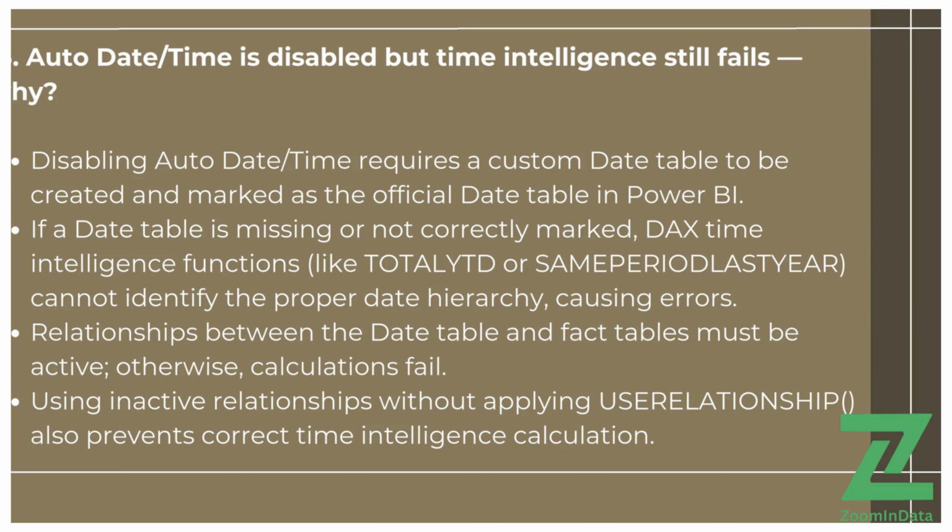Relationships between the date table and fact tables must be active. Otherwise, calculations fail. Using inactive relationships without applying USERELATIONSHIP also prevents correct time intelligence calculation.